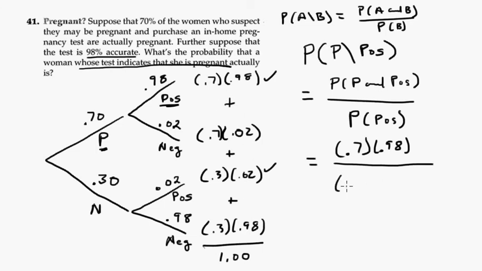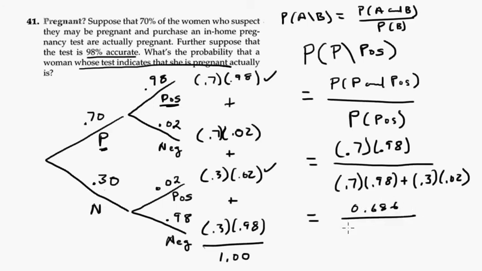So that would be 0.7 times 0.98 plus 0.3 times 0.02. Okay, so I get 0.686 divided by 0.686 plus, it's not much, but it factors in.